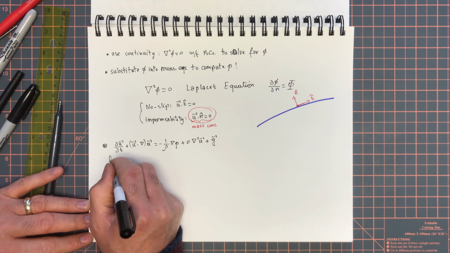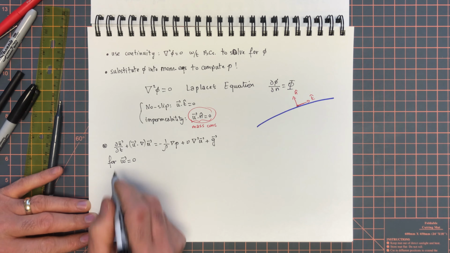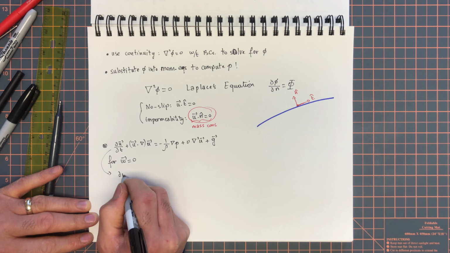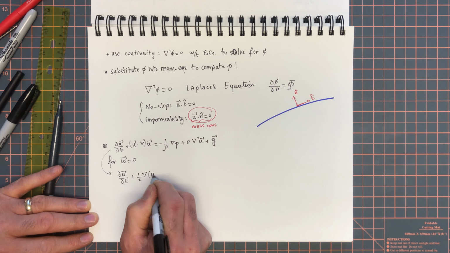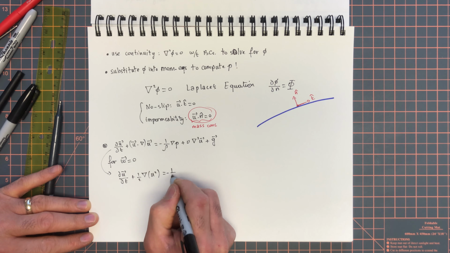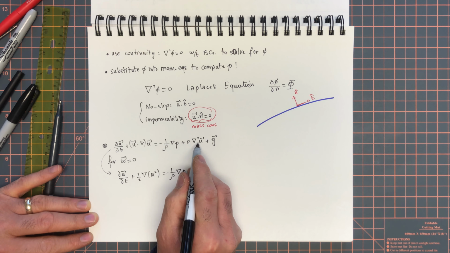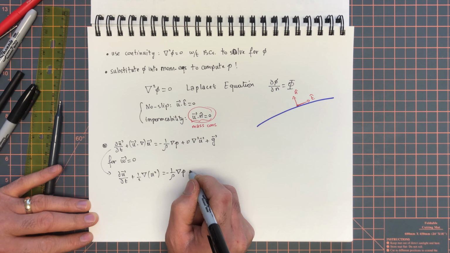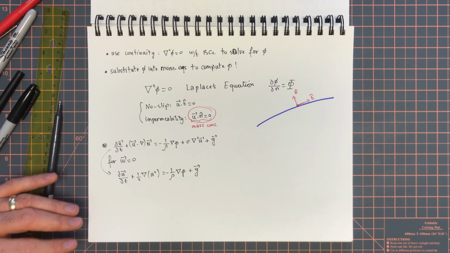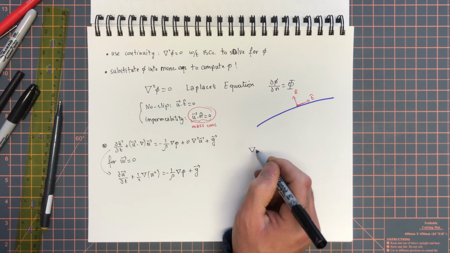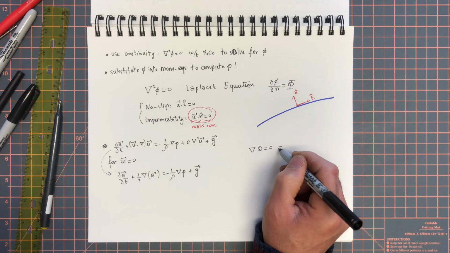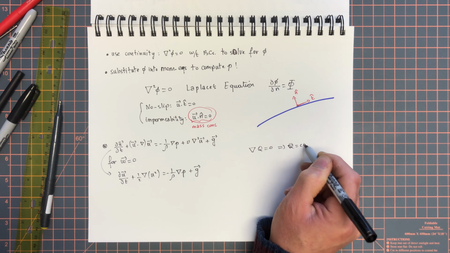Okay, for omega equal 0, this turns into du by dt plus 1 over 2 grad u squared equal to minus 1 over rho grad p. We just showed that del squared u is 0, plus g. Now, if you look at this equation, we have gradient over here. If we can put everything under a gradient, in other words, if I can write this equation as grad q equals 0, then we can claim that q is equal to a constant.